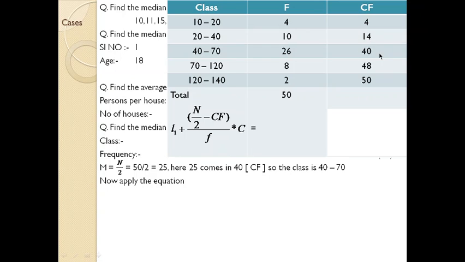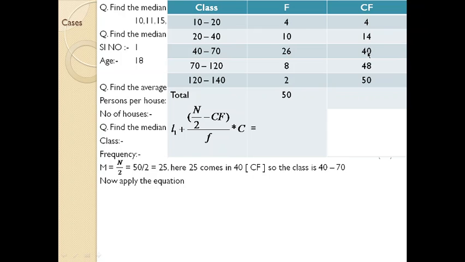You need to take the number preceding that particular CF. Here the class was computed on the basis of this 40, so the number preceding the 40 is 14. So CF represents the number preceding the selected value in the CF.